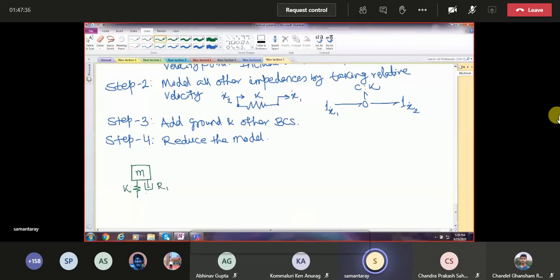Then we have another spring, this is K2. There is, let's say, velocity Vt. Then let's say there is a lever. This side of the lever is A, the other side is B.